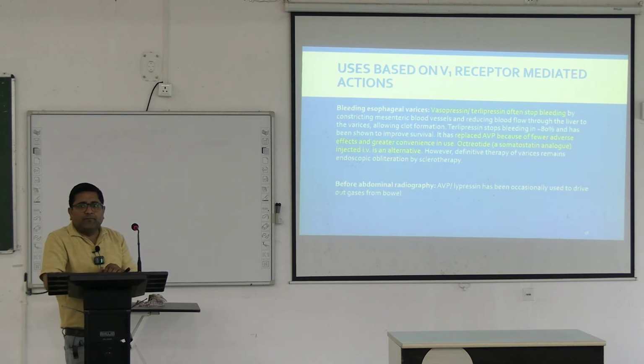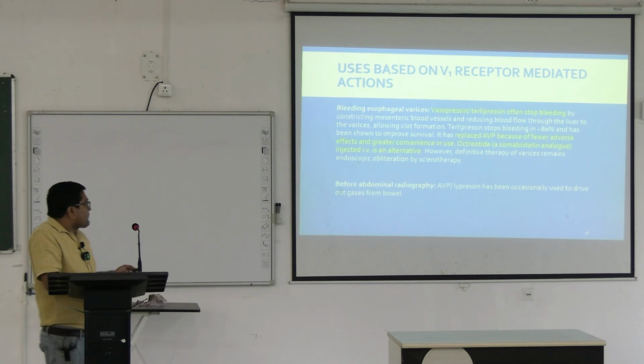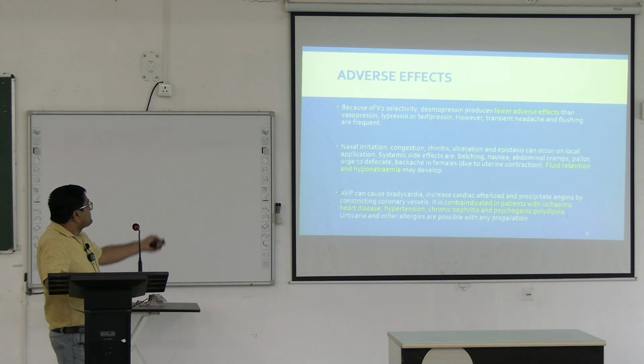Octreotide, which is a somatostatin analog, can also be used alternatively. However, definitive therapy for varices remains endoscopic obliteration by sclerotherapy. Before abdominal radiography, AVP or lypressin has been used occasionally to increase expulsion of gases from the bowel.